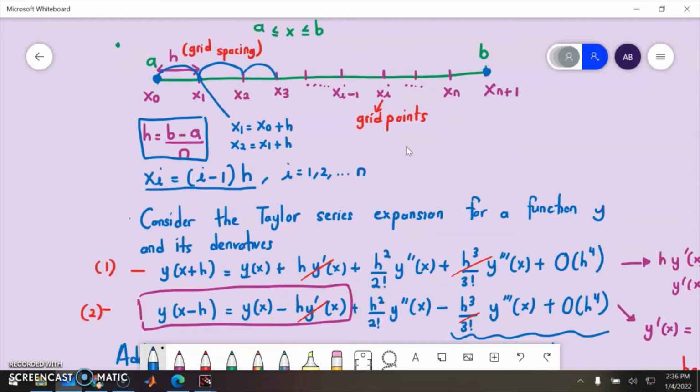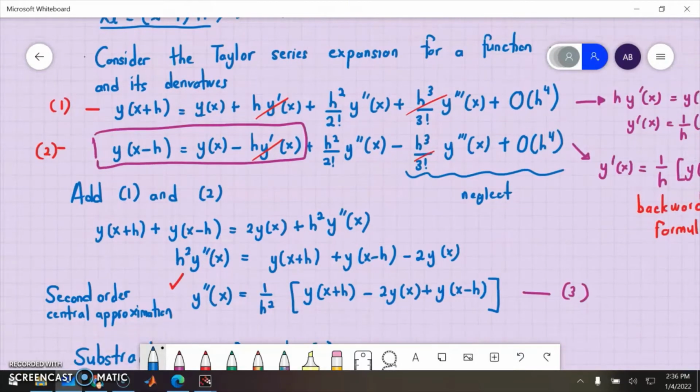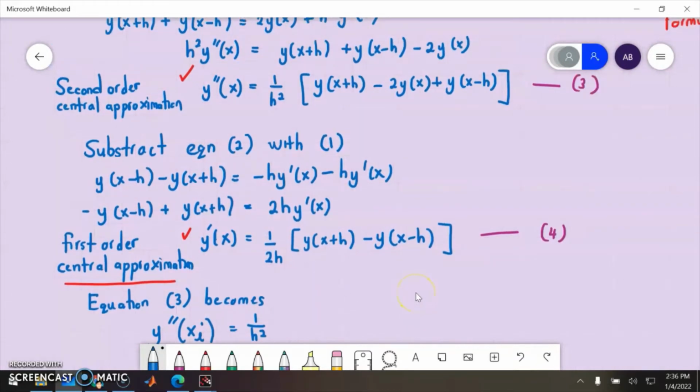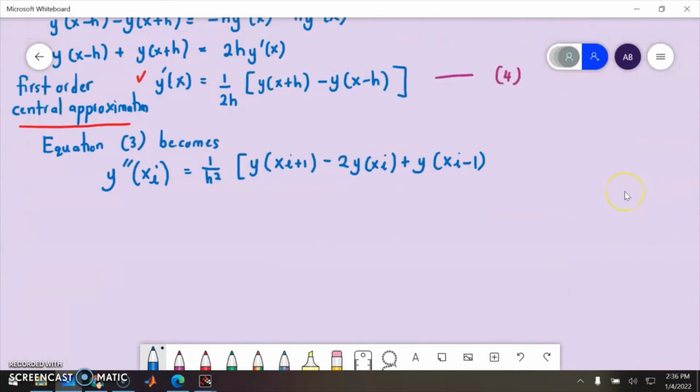So what is this term here, x plus h? You can write it as y at x(i+1). So I have y double prime xi equals 1 over h squared times y at x(i+1) minus 2 y at xi plus y at x(i-1). This is what it means by x plus h, x minus h. This is my approximation that I can write here.